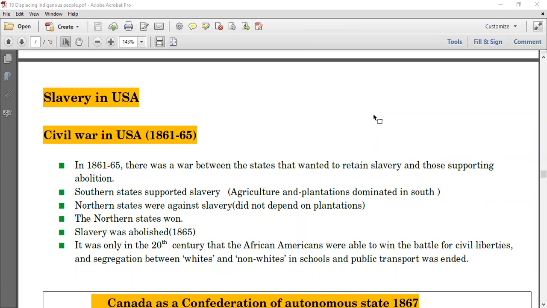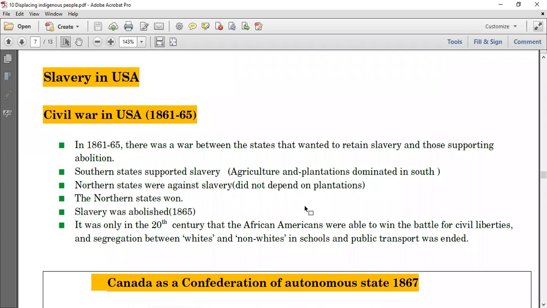Now let's talk about slavery in the USA. There was a civil war in the USA between 1861 and 1865. It was a war between the states that wanted to retain slavery and the states that were supporting the abolition of slavery.